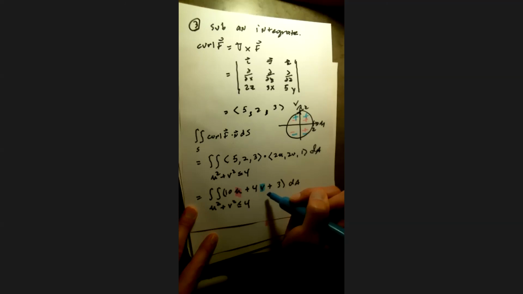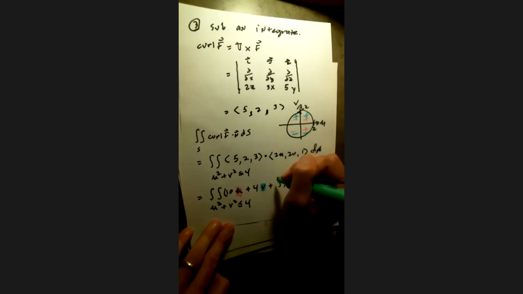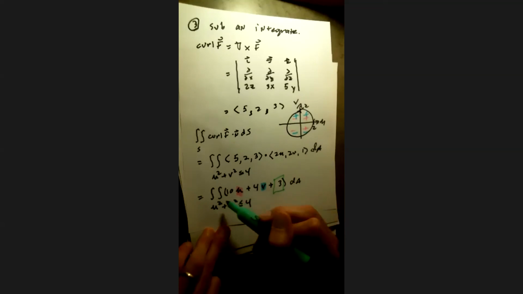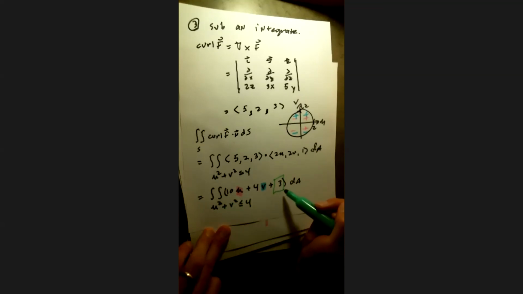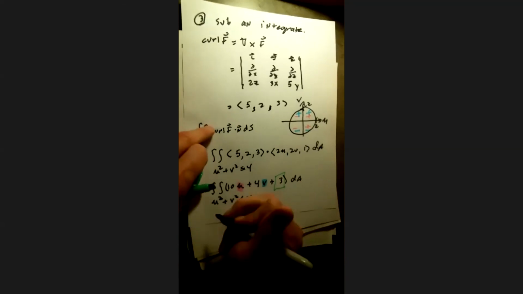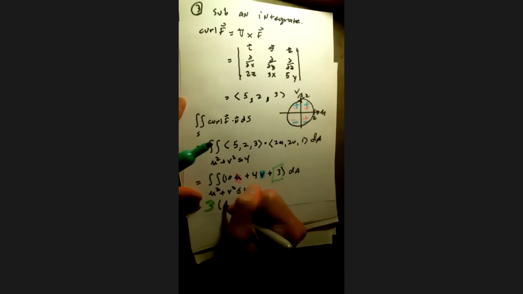Just, again, 0. So the only part that's actually going to impact the final result is just the 3. And so you have a double integral across a circle of 3. And so your final answer is going to equal 3 times the area of the circle.